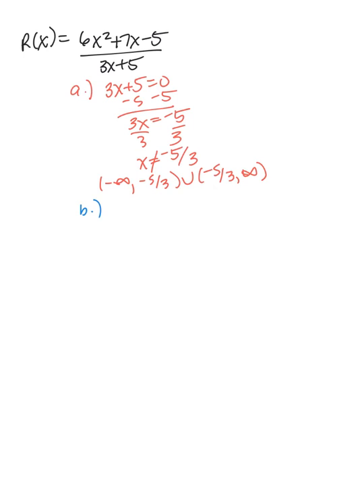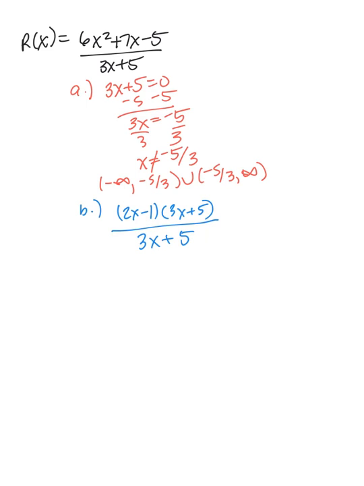So to find the vertical asymptote, I'm going to factor the numerator and the denominator. When I factor that numerator, the denominator is already factored. So I'm going to get 2x minus 1 and a 3x plus 5. Again, however you want to go about factoring that.